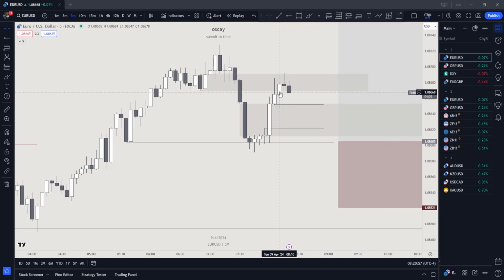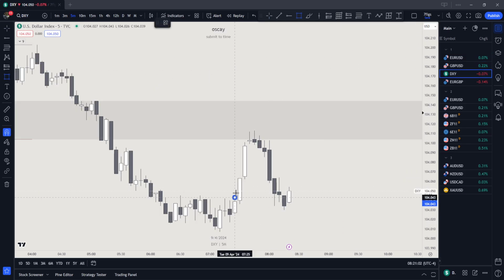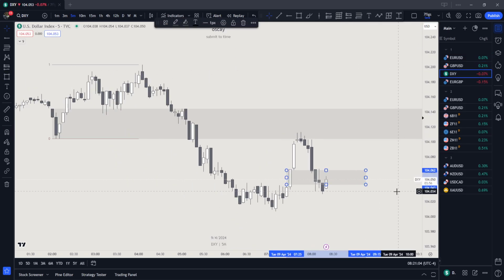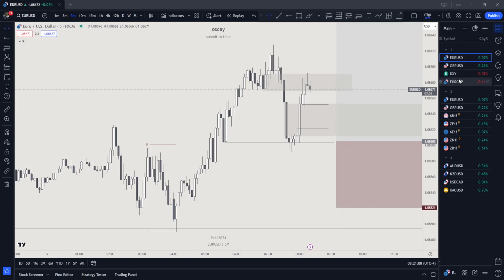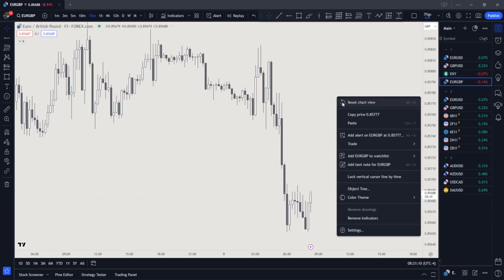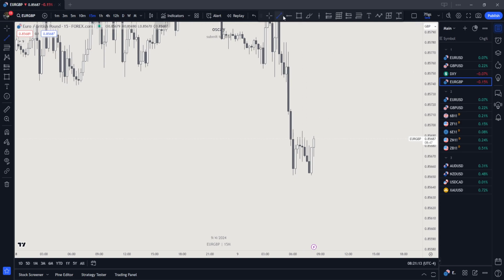Gonna see this inverse fair value gap right here hold price. Seems like Euro GBP will finally make, oh, it's leaving equal lows.